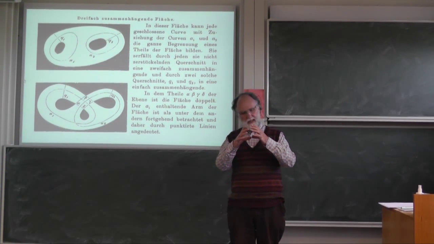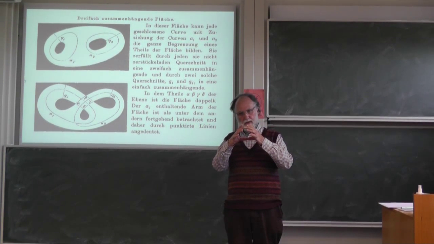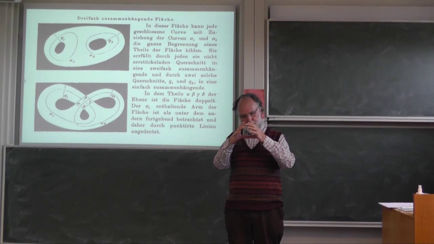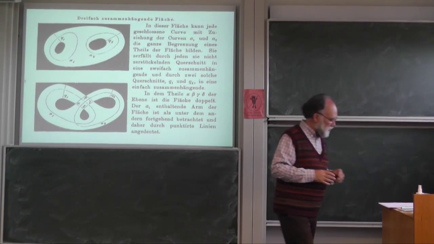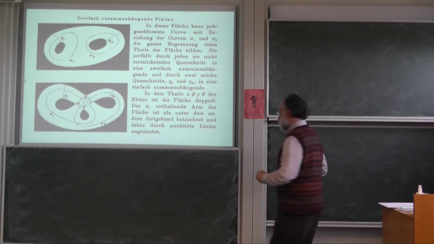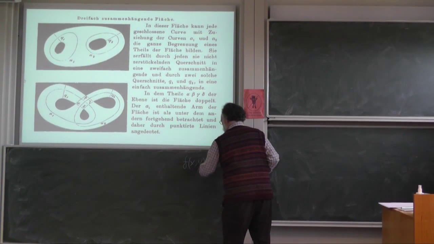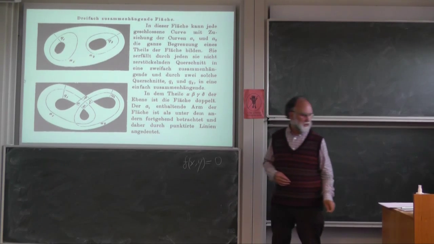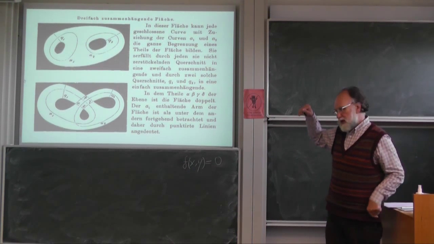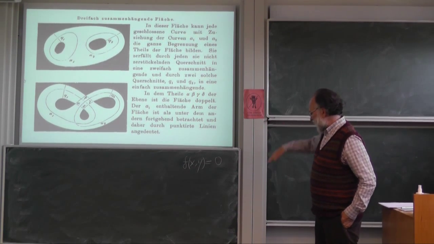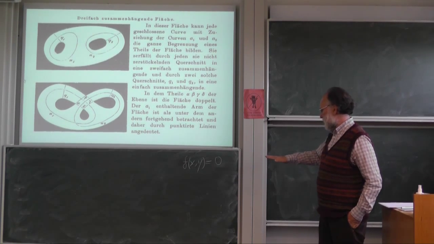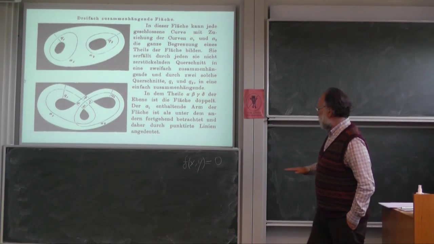What Riemann is trying to do is to analyze algebraic functions, that is, functions which satisfy some equation like this. And he will project this onto the x-plane, which is a complex plane in his case.